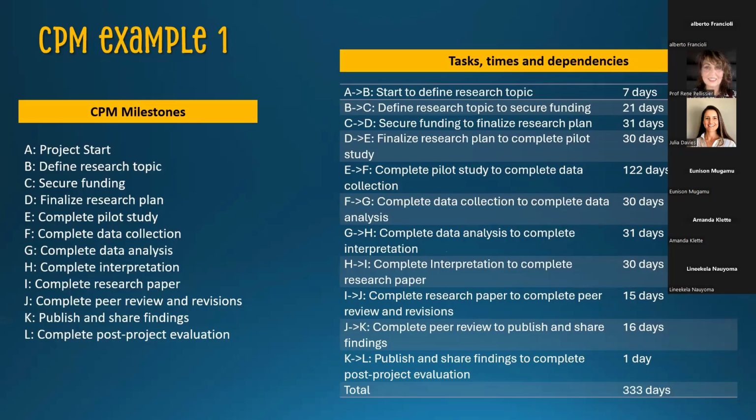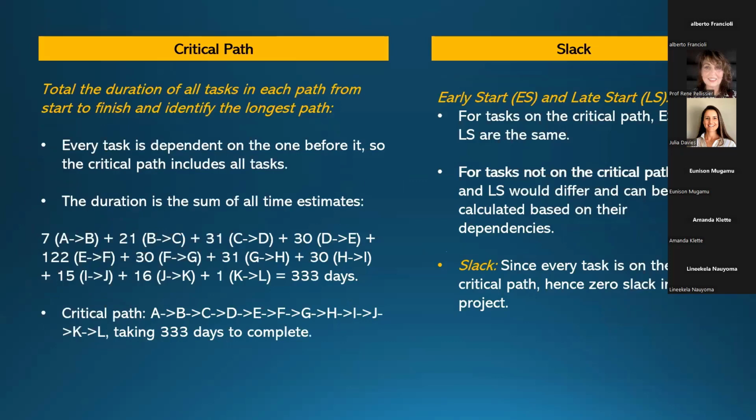Now, in my language, that means the critical path in this example is 333 days. There's no slack because there's nothing that can happen at the same time as something else. So I need a complete 333 days to complete this project by adding up all the tasks for all the events that need to take place, which is a very dangerous situation to be in because nothing can go wrong.